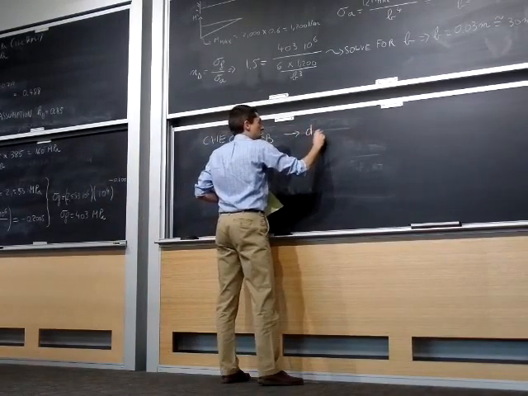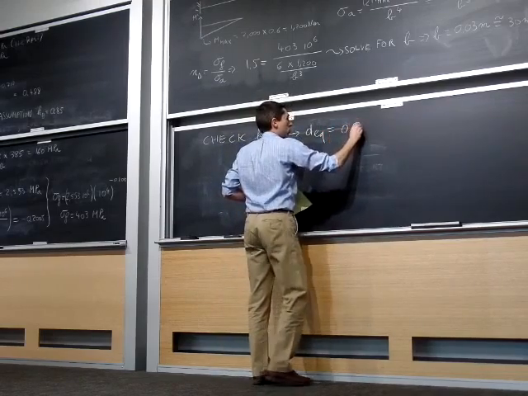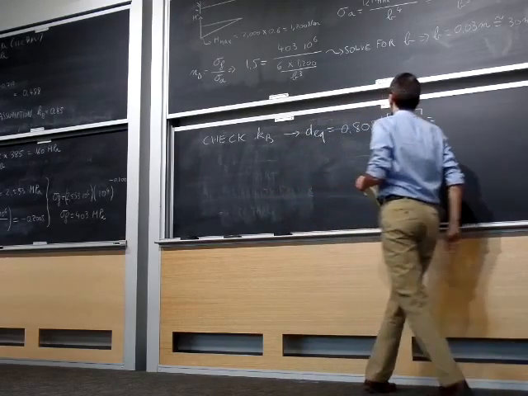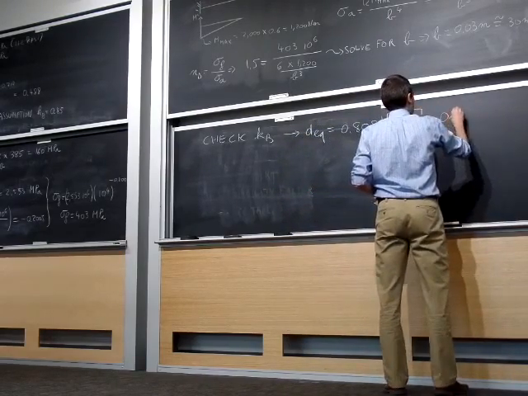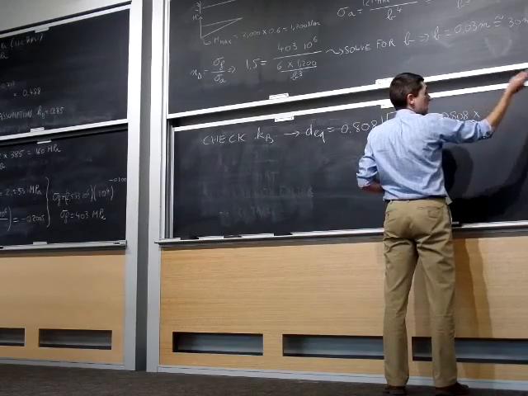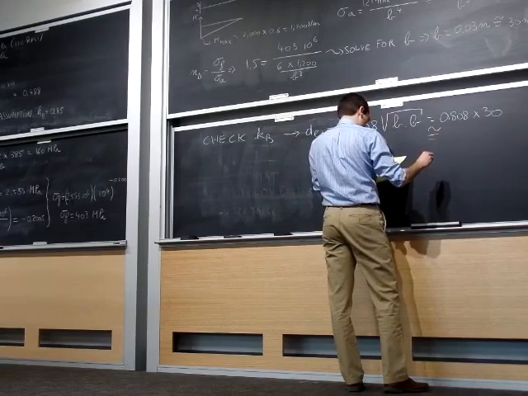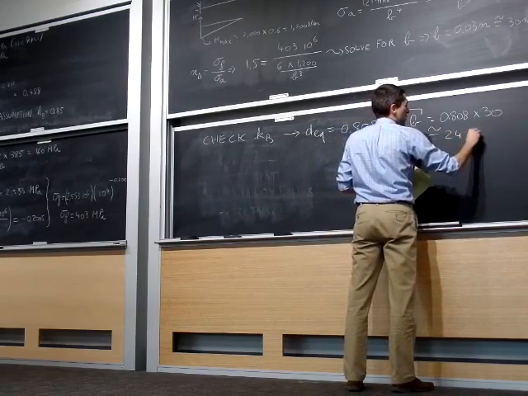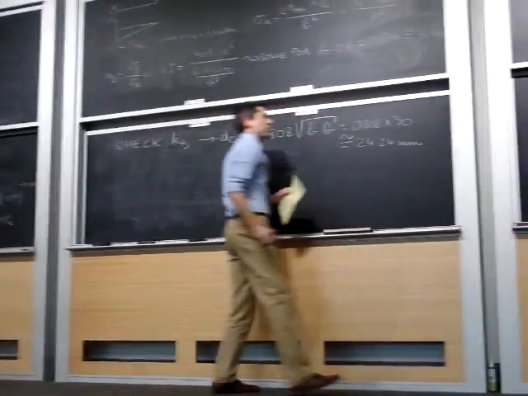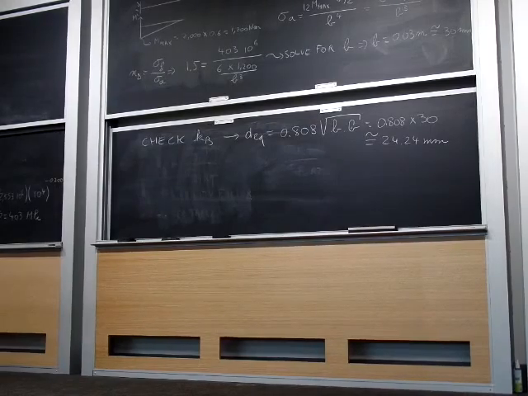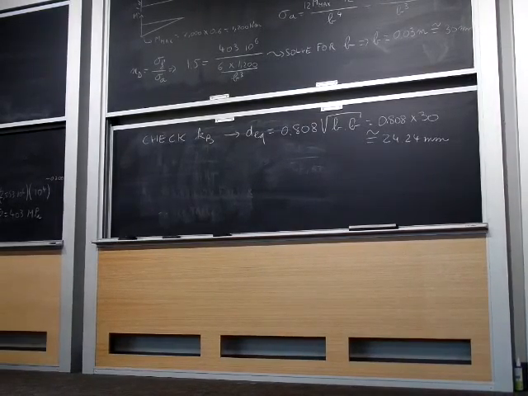For that we need to calculate an equivalent diameter, which is going to be 0.808 times b, and we need to put it in millimeters, so 0.808 times 30 is approximately equal to 24.24 millimeters. That's our equivalent diameter. Now the equivalent diameter gets plugged into these formulas. 24 millimeters is in between 2.79 and 51.